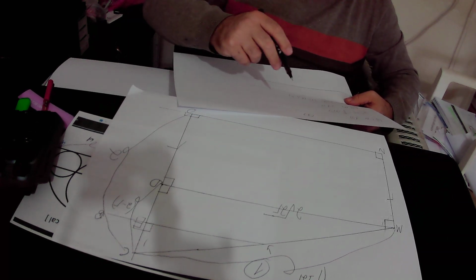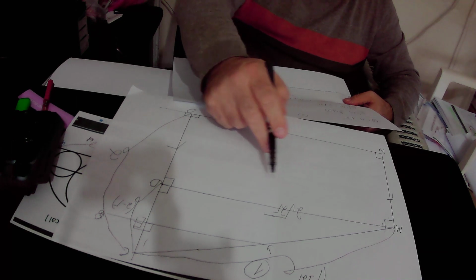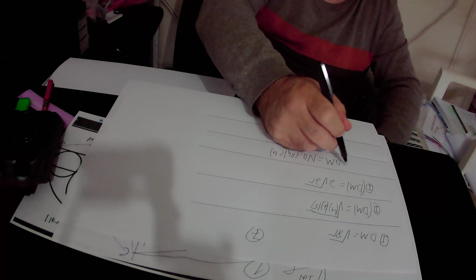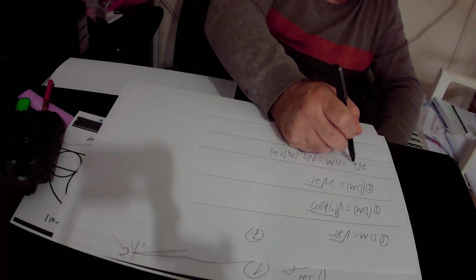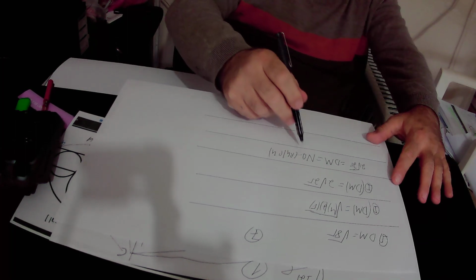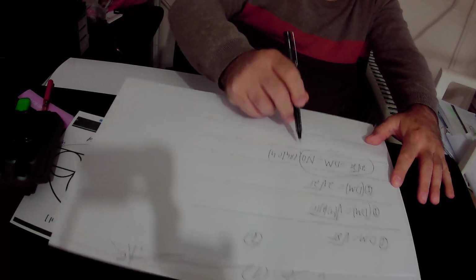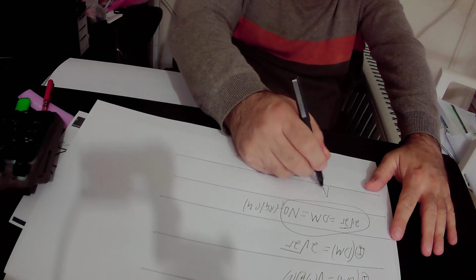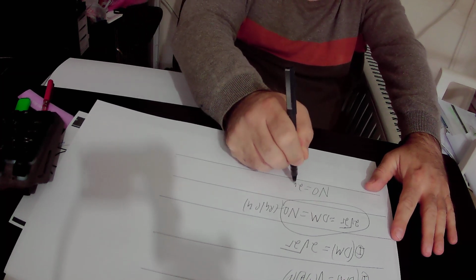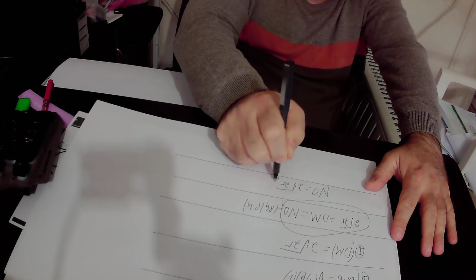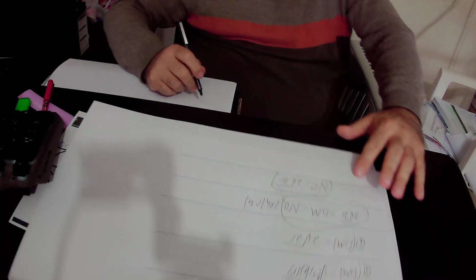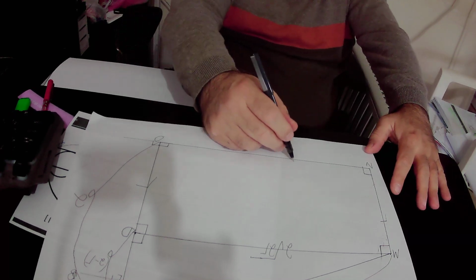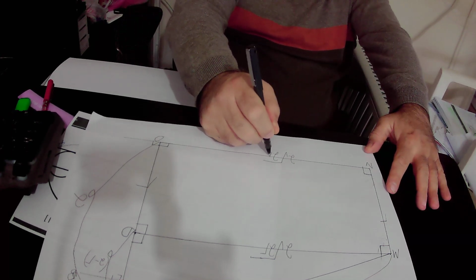But we know that MD equals 2 times square root of 2R. So we can write here that MD or DM equals 2 times square root of 2R, and from this equality we will conclude that NO also equals 2 times square root of 2R.